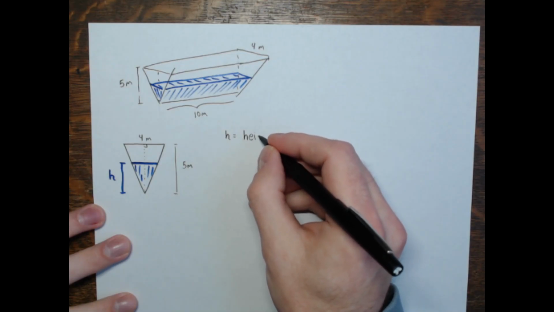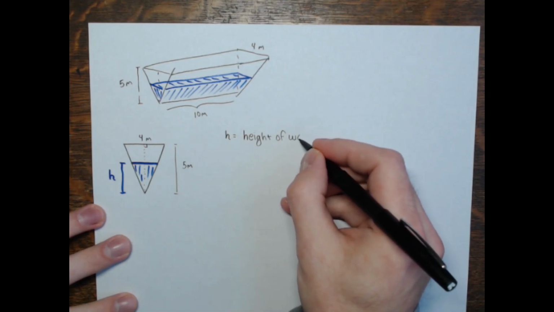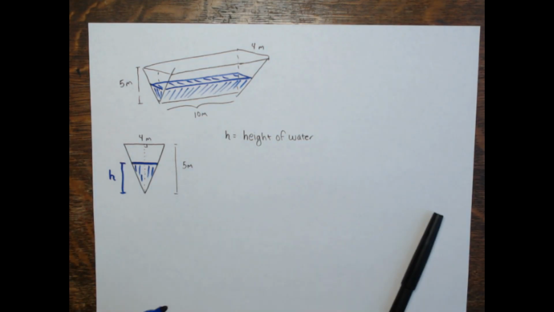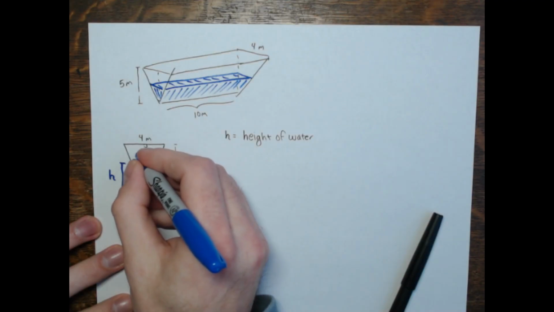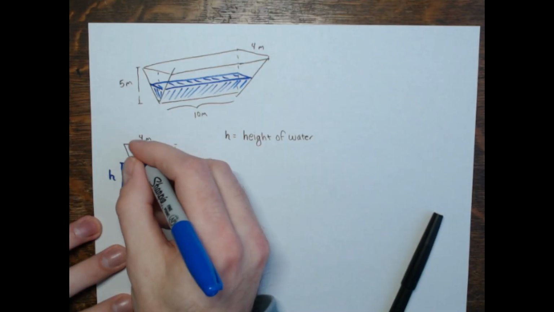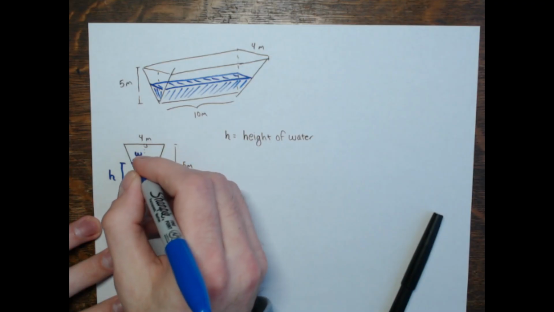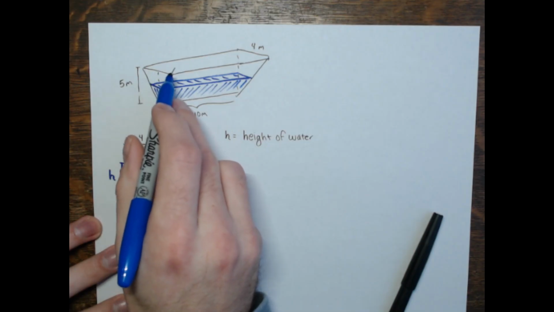So the height or the depth of the water changes as time goes on. And something else that would change would be, I'll call this the width of it. I think they said width. Yeah, width was 4. They called this the width of the trough up here, the 4 meters.